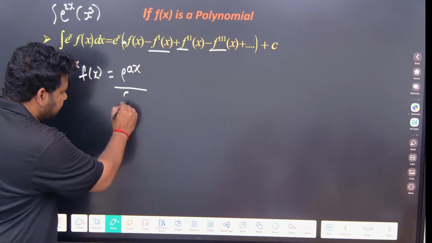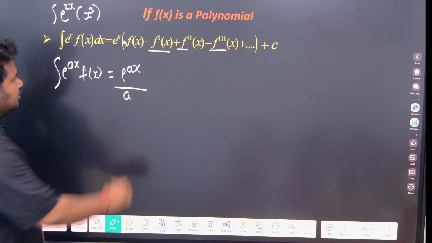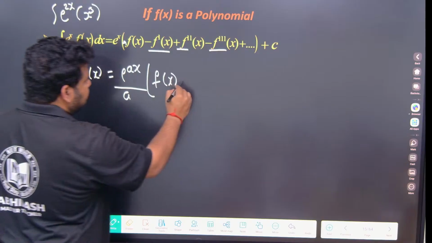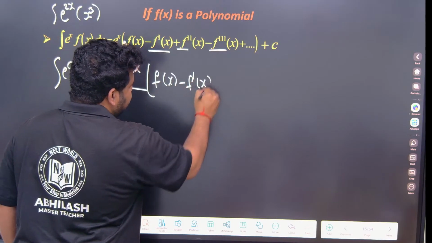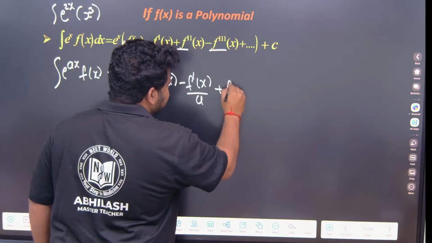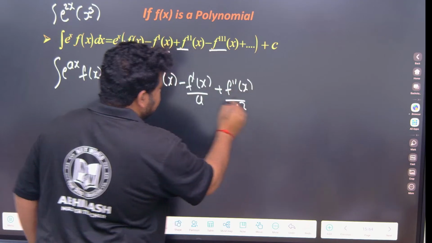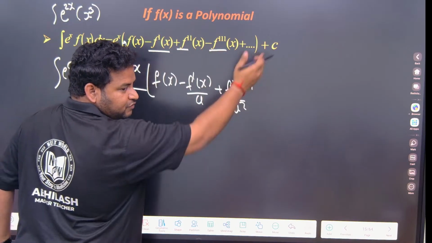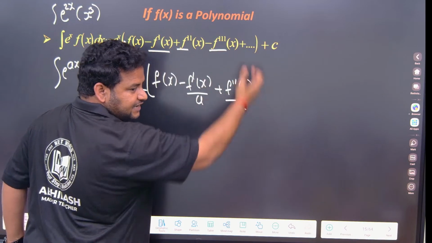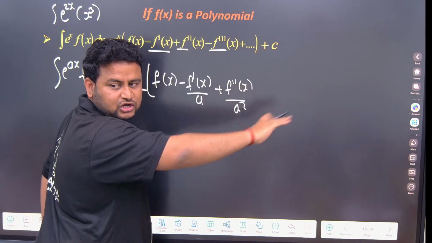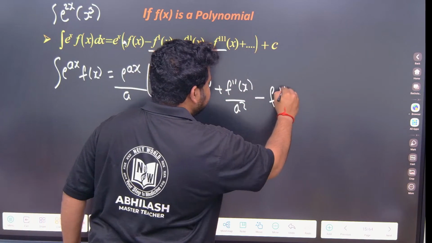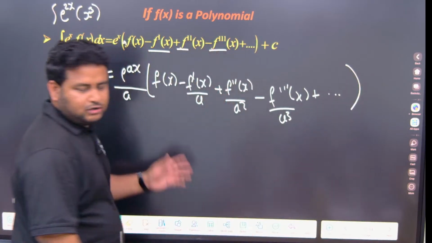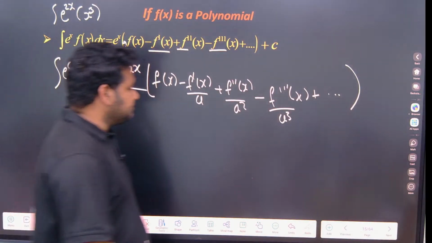First function you will write as it is, minus f dash of x by a, plus f double dash of x by a square. See, first order derivative just a, second order a square, third order derivative a cube, fourth order derivative a power 4, nth order derivative a power n. It goes on: minus f triple dash of x by a cube, like this. I have told you this in the previous class itself, just revising it.